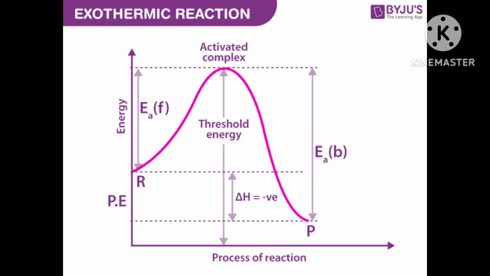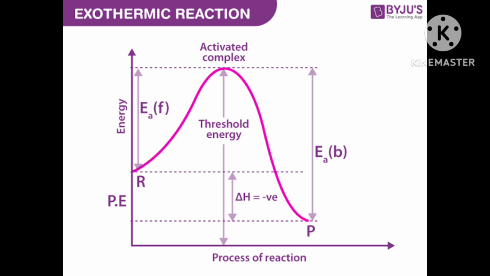The area shows the fraction of molecules having energy either equal to the activation energy that they require, or greater than the activation energy. With a further 10 degree rise in temperature this gets doubled, leading to doubling of the rate of reaction. If temperature increases by 10 degrees, the rate will become doubled.